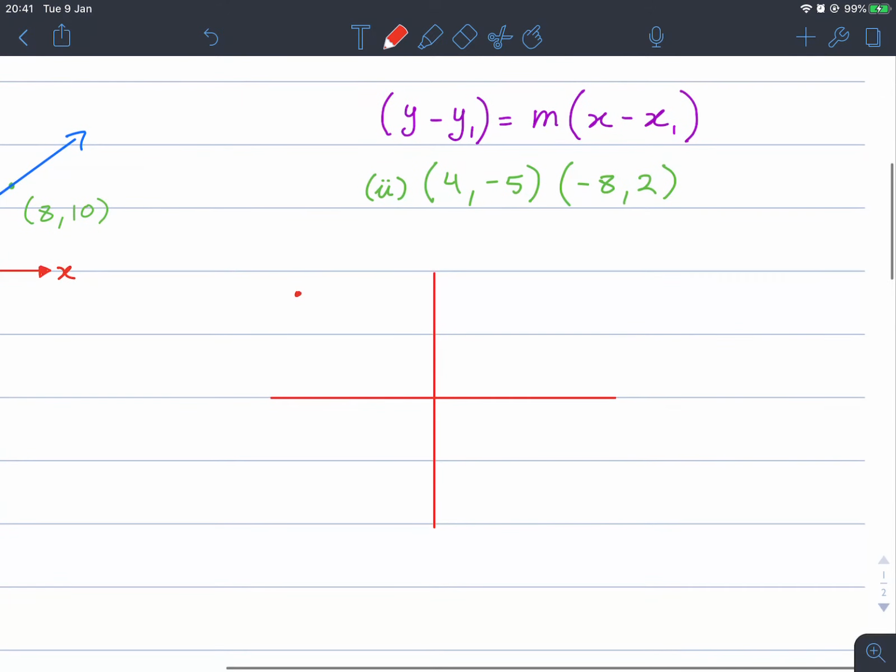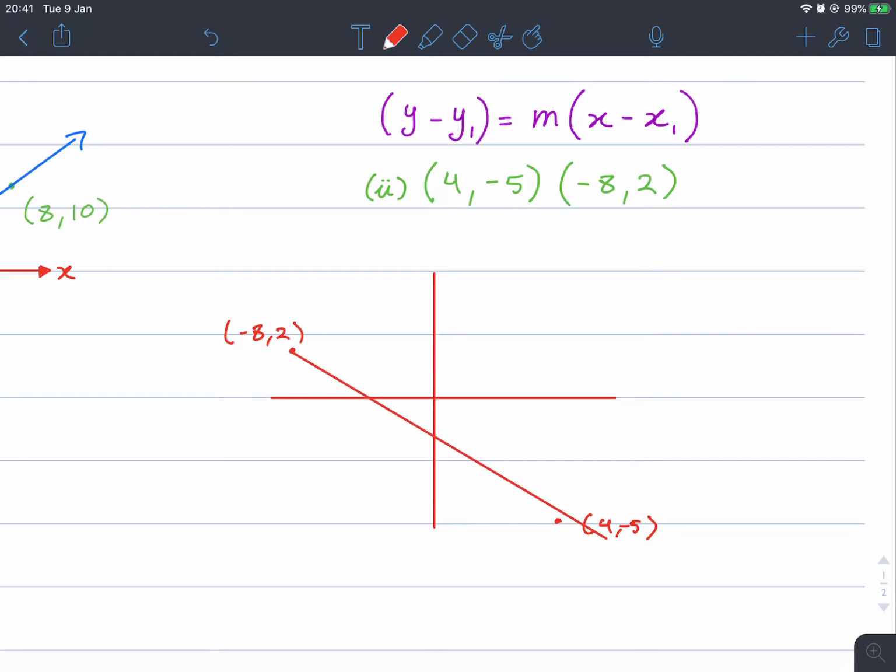Here's my point, negative 8, 2. And here's my point 4, negative 5, somewhere down over here. And we want the equation of the line passing through both of those.